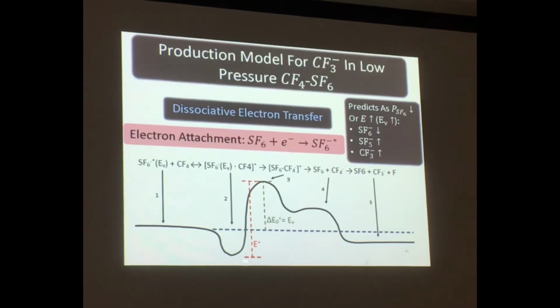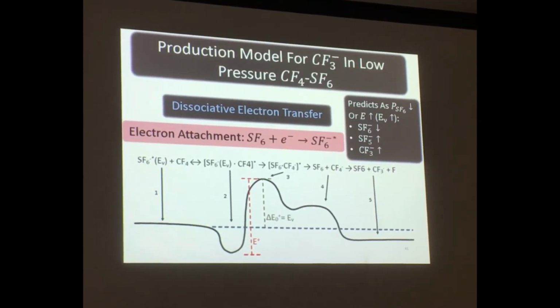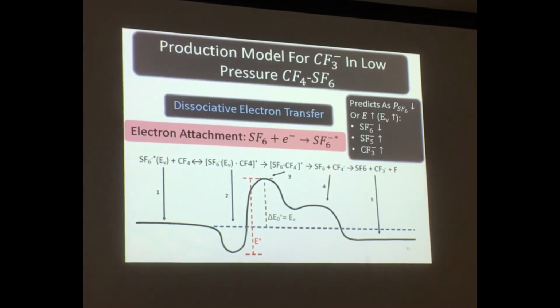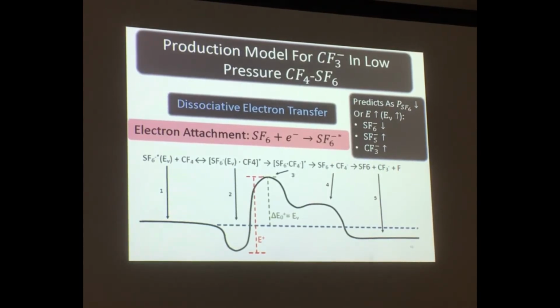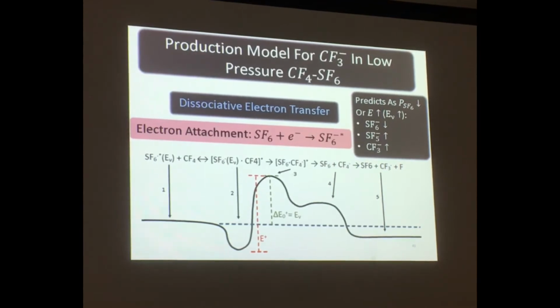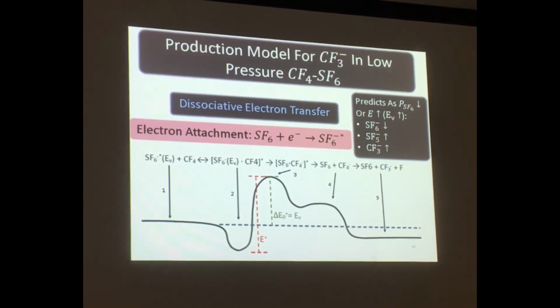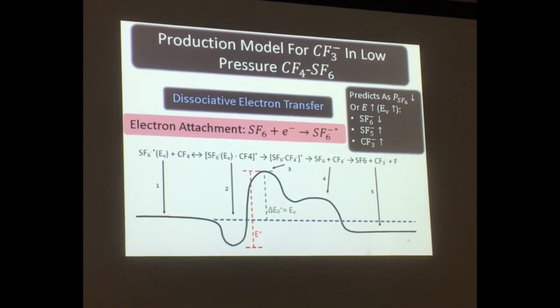If it's large enough, it can overcome this barrier. Then the molecules are in this complex, where the electron has been transferred to the CF4 side of the complex. Then the molecules begin to drift apart, and you have neutral SF6 and CF4 minus.